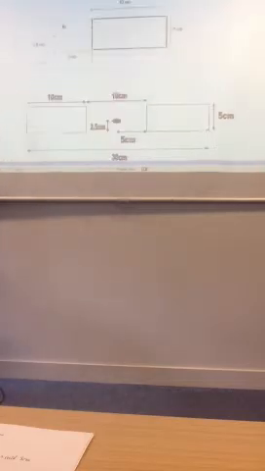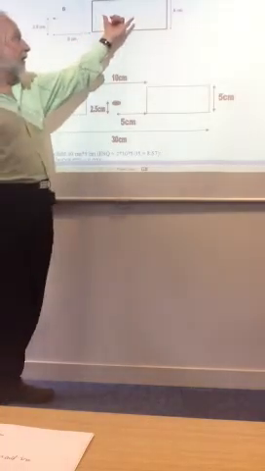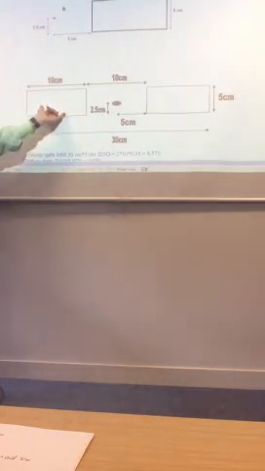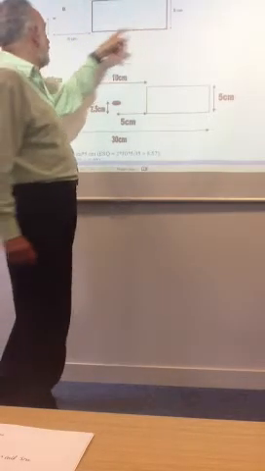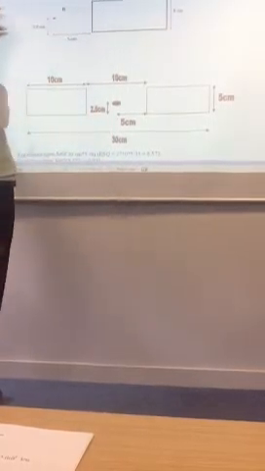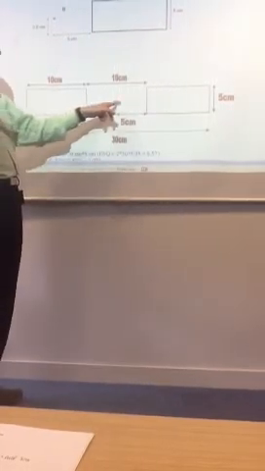And the way to do that is to put another field on the other side. Alright, so this is a 10 by 5 and another 5 centimeters. So 5 centimeters further, you put another one like that. That makes it symmetrical around this point.